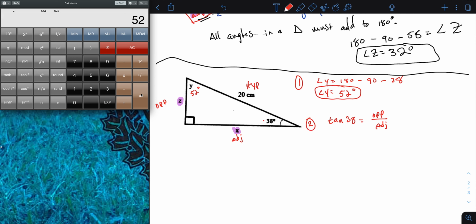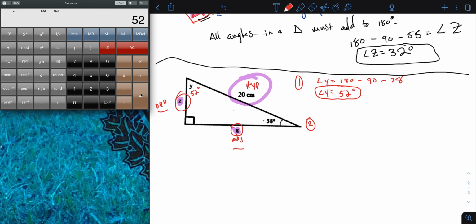That's useless to me because I don't know opposite or adjacent, the two things I'm trying to solve for. But I can choose either cosine or sine, because both of them involve the hypotenuse, which I know.